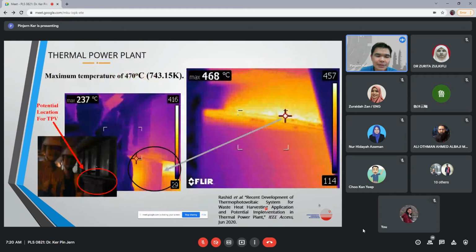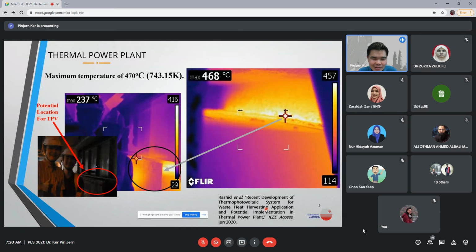But we were exploring mainly into thermal power plants, and we have done some study by visiting and also by exploring different systems in a thermal power plant. And we realize there are plenty of areas for us to do waste heat harvesting.